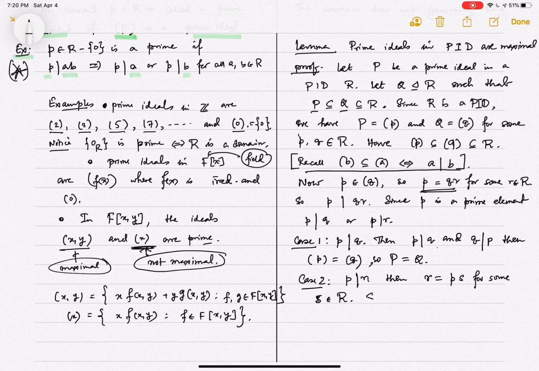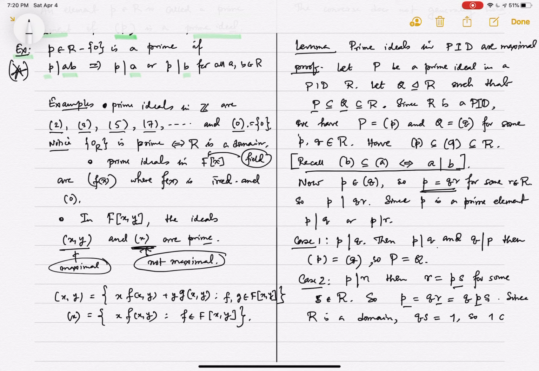So now p is qr, which is qps then, because r is ps. And since we are in a domain, I can cancel p from both sides, and we get qs equal to 1.